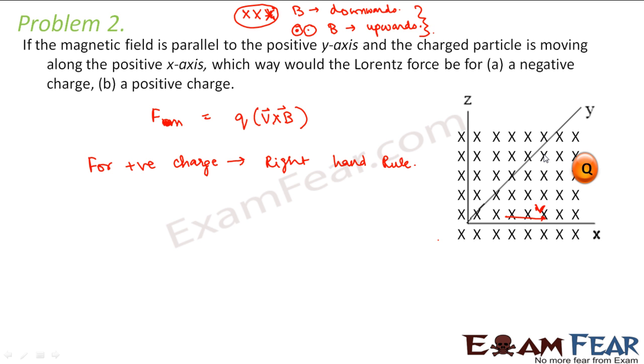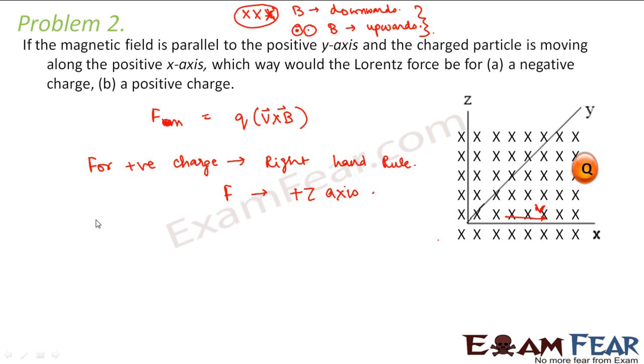Take all your fingers towards right and then from right going downwards. When it is going downwards, where is your thumb pointing? Your thumb is pointing towards the z-axis. So your force will be towards the positive z-axis.